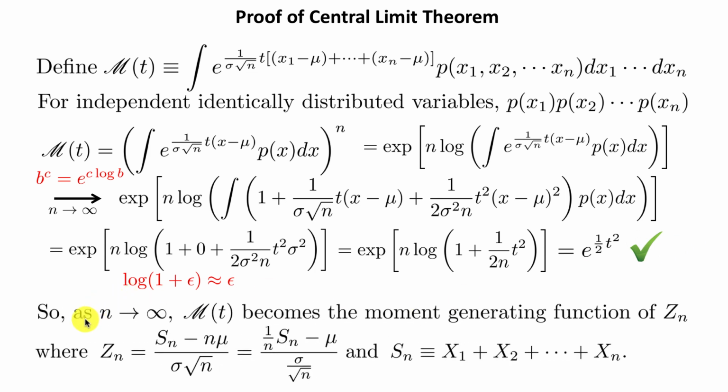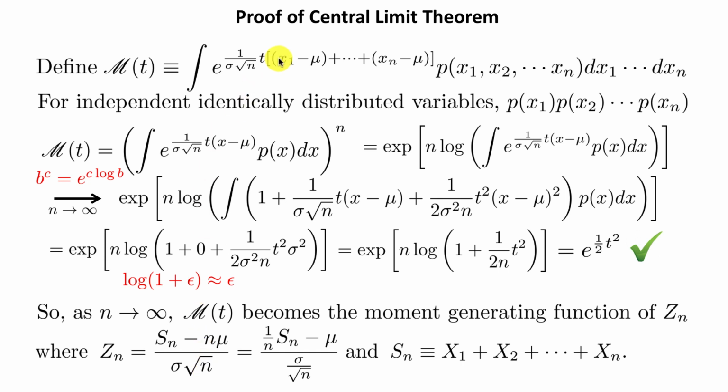So, as n becomes larger and larger, m of t has become the moment generating function for what we had called Zn. And Zn is just the sum of the random variables x1 up till xn minus the average value, which is n times the average value for one single variable. And the way that we defined it was we then divided by sigma times square root of n.